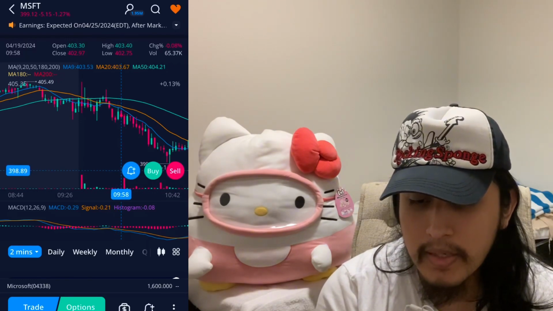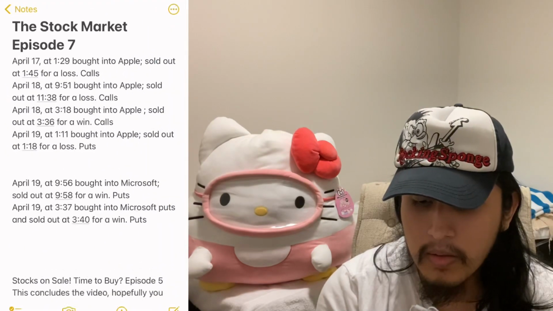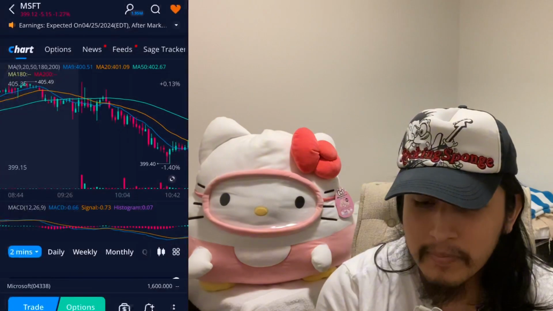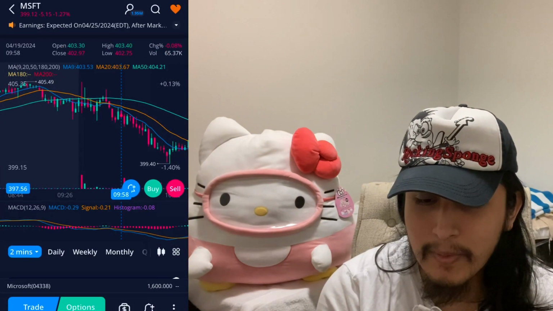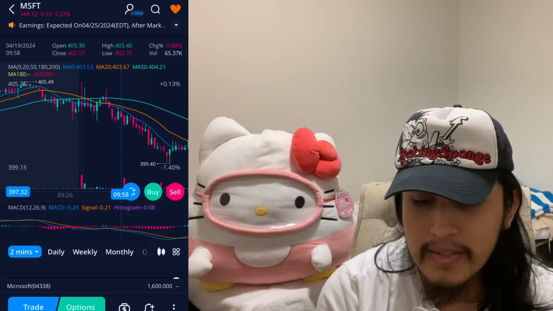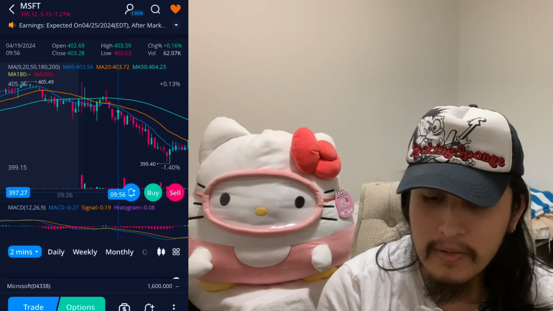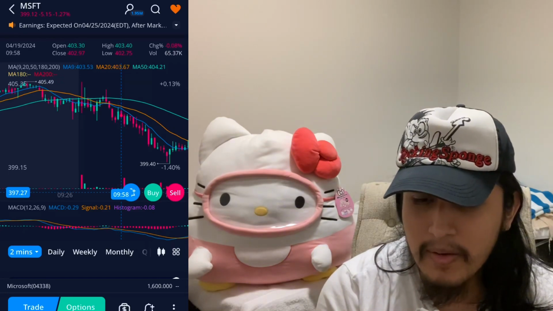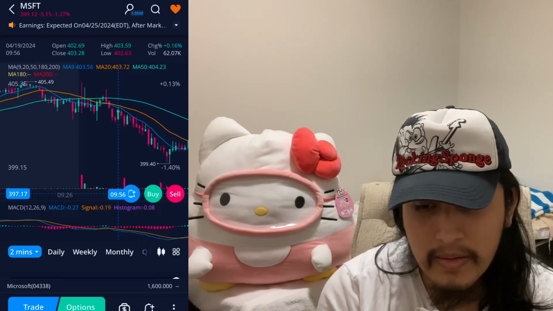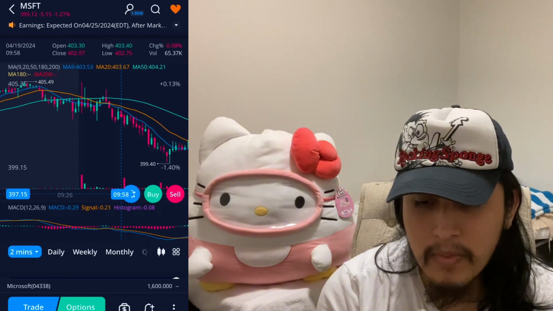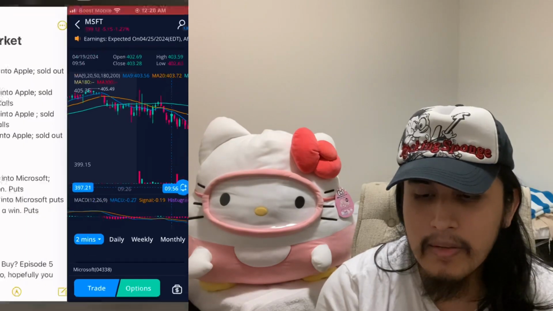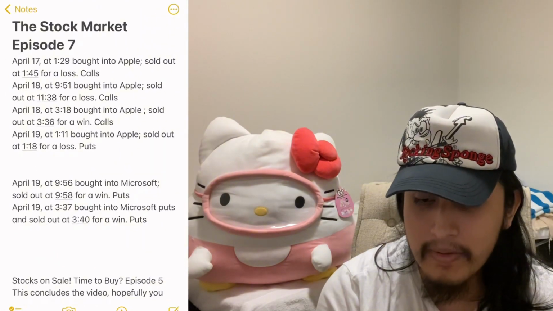And literally the next candle, at 9:58, I sold out of my position. I didn't sell exactly at 402.63. I think I sold around 402.75 or 402.80. Either one. And that was my first win. I was like, that's impressive.